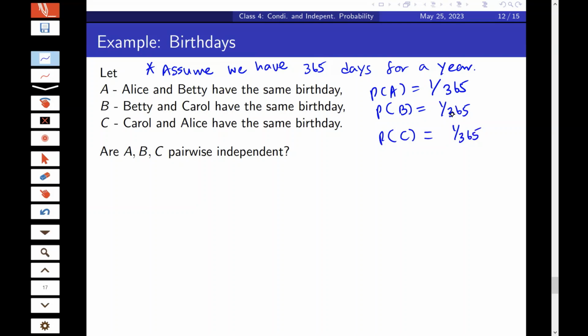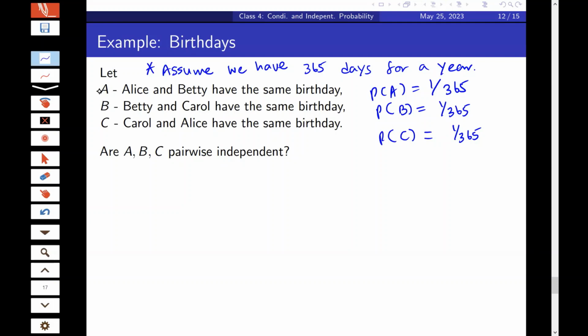Now we have 3 persons. The question asks whether A, B, C are pairwise independent.